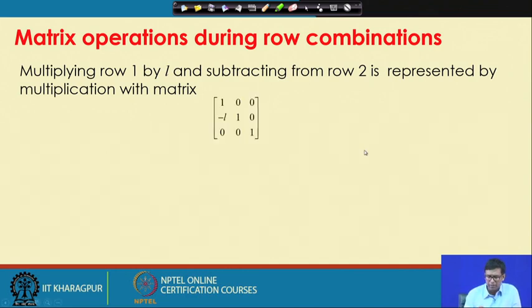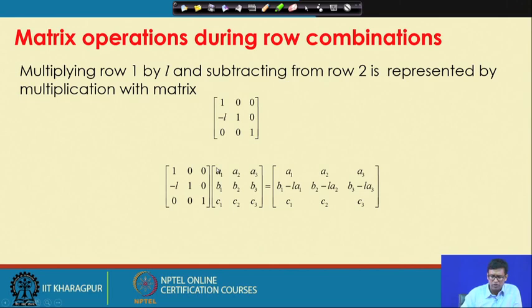If I multiply any matrix A with this, then the first row of this matrix will be multiplied by the term L and subtracted from the second row. So, we can see this as the example.